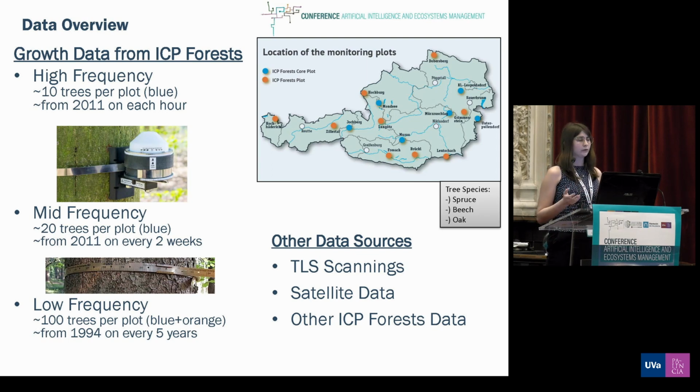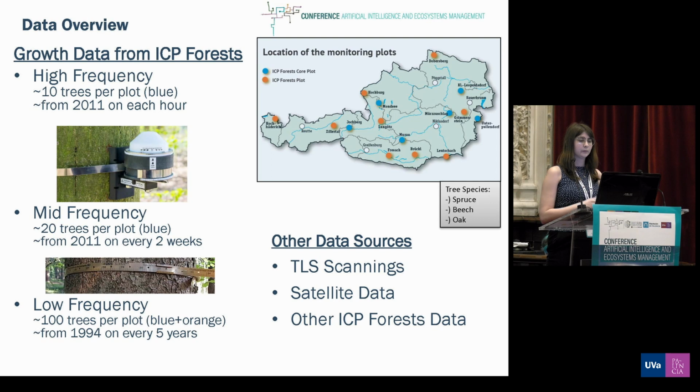For Austria in total we have 16 ICP Forest plots that you can see here on the map. We have 16 normal plots, and then we have so-called core intensive monitoring plots where we obtain more data. For example, here we have weather stations within the stand.